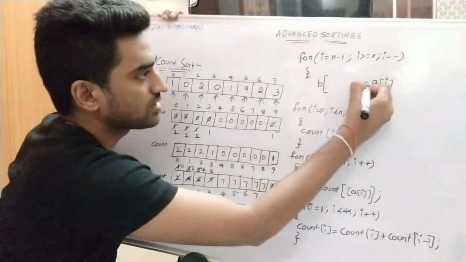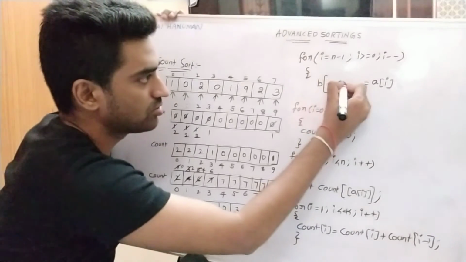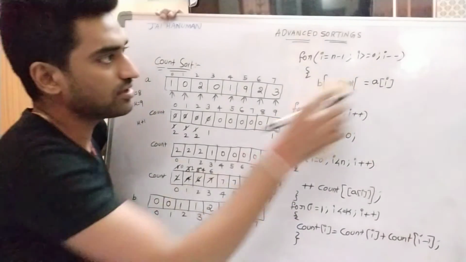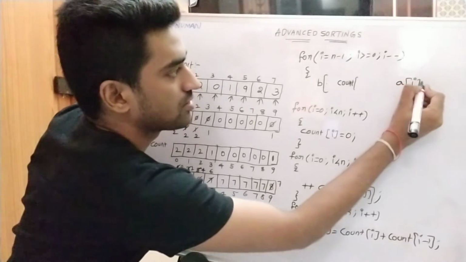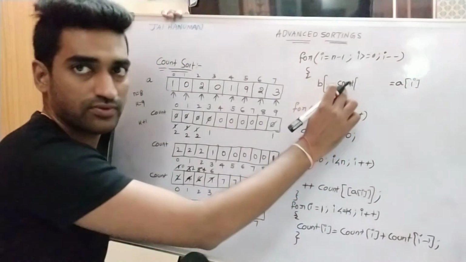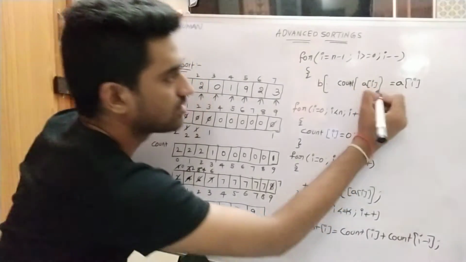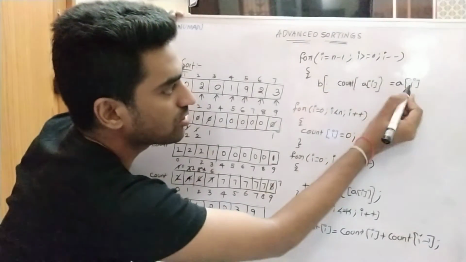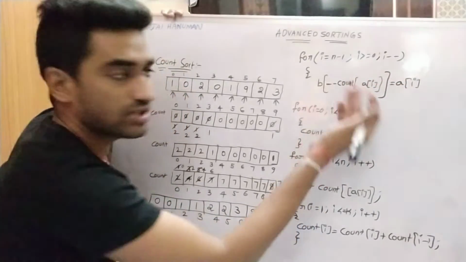So how to update? A of I value is assigned based on some condition, that is count of A of I. A of I value can be taken as an index of the count array, so that's why I am writing count of A of I. Based on this value, go to that particular index, decrement the value, and that can be stored in the B array.